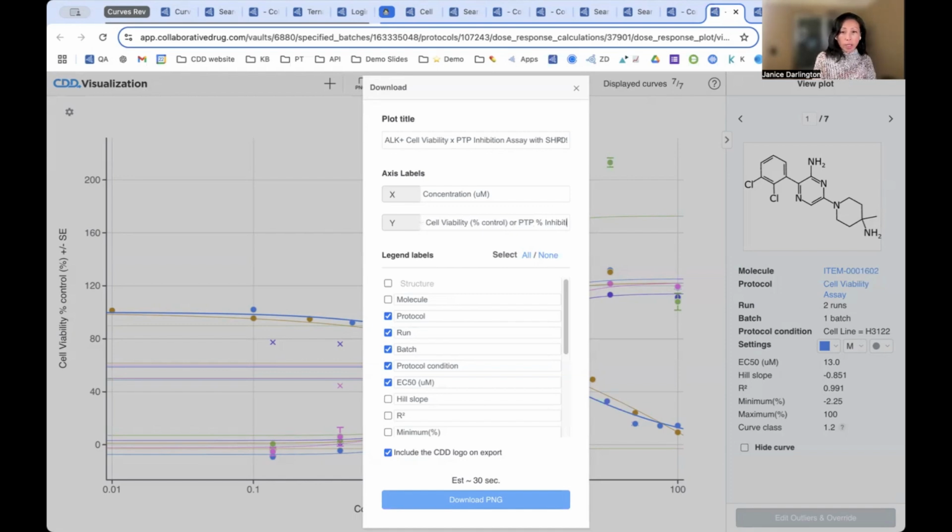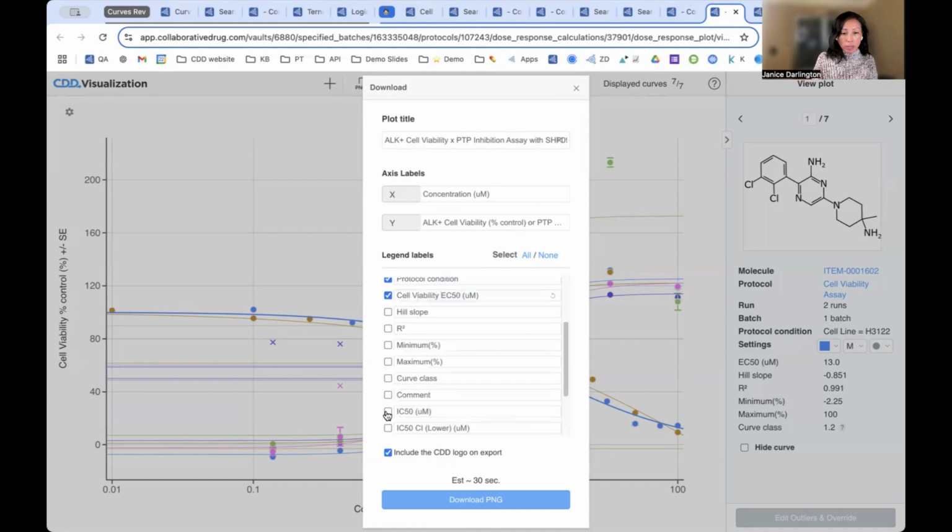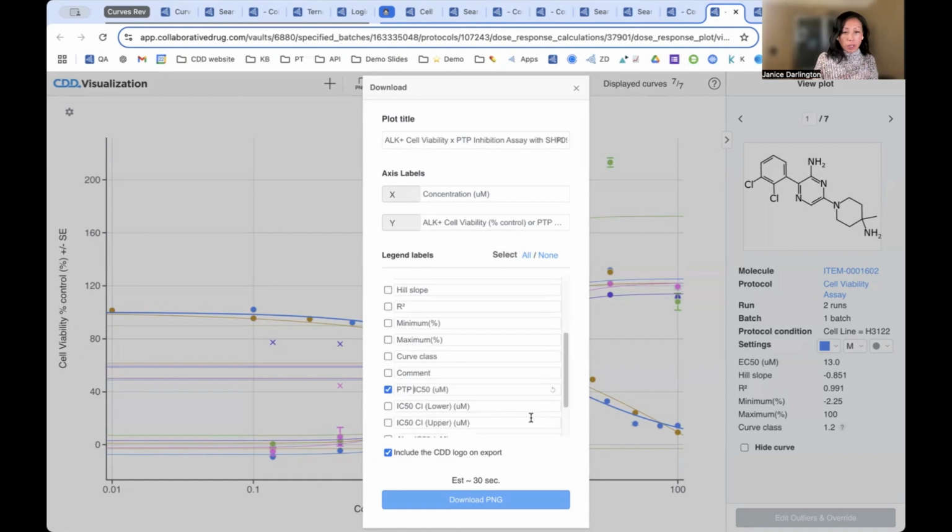What am I interested in pulling into this plot that I now export? I want the molecule, I want the protocol, not necessarily the run or batch information, the protocol condition as I look at those different mutants, and the EC50, which comes from my cell viability assay. So let me type in cell viability EC50, as well as the IC50 that comes from that PTP assay, so PTP IC50.